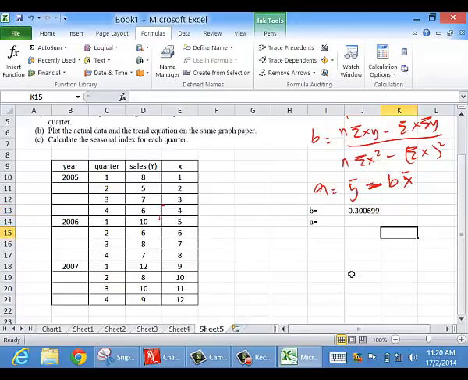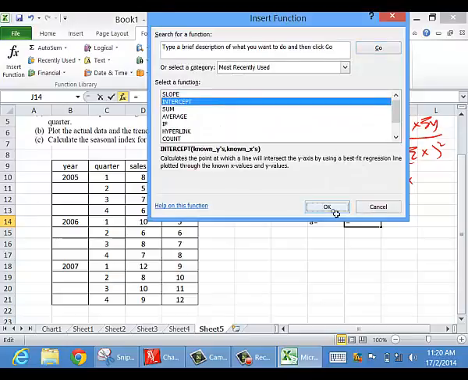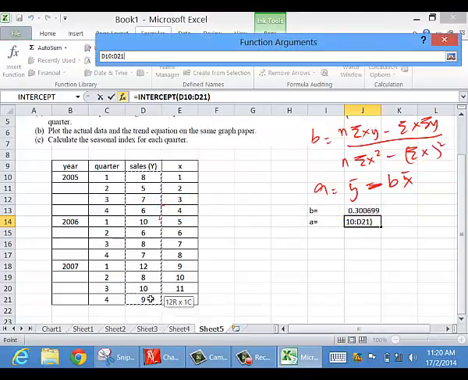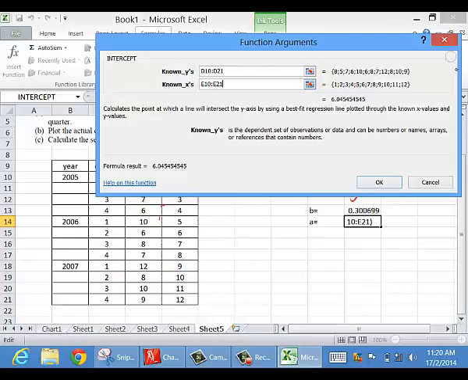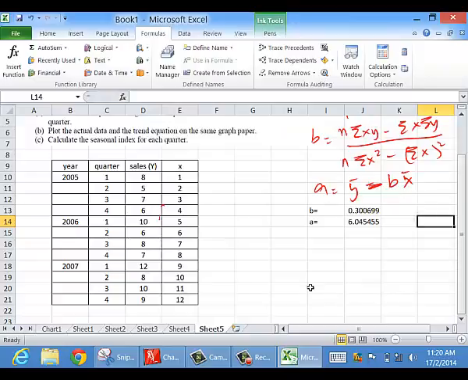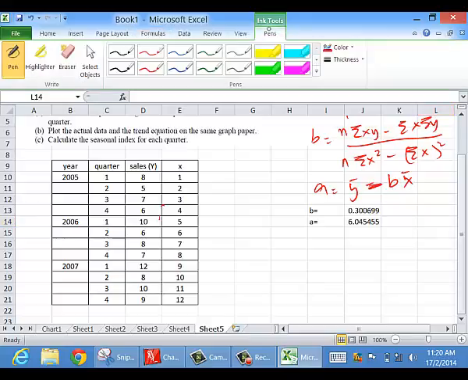So B you dapat 0.3. Alright, very good. So A should be intercept, so A equal to 6.05. Right. So let me make this equation as YT equal to 6.05 plus 0.3x. Boleh?